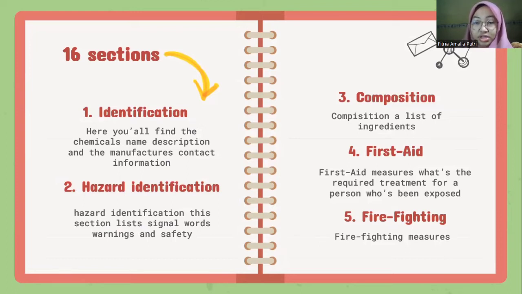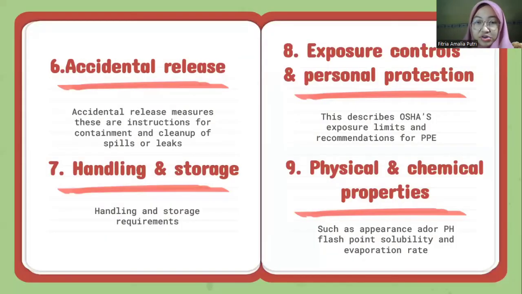Section 4 is first aid. First aid measures describe the required treatment for a person who has been exposed. Section 5 is firefighting, with firefighting measures. The next section, section 6, is accidental release.